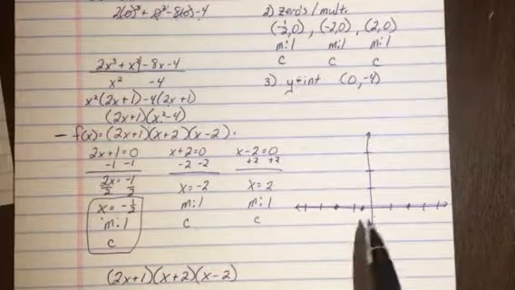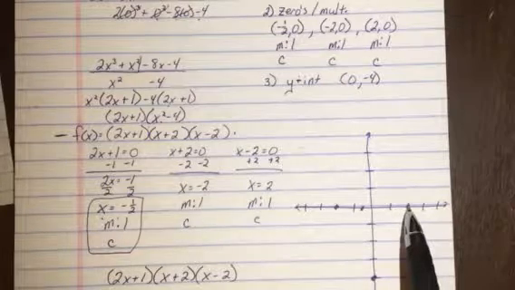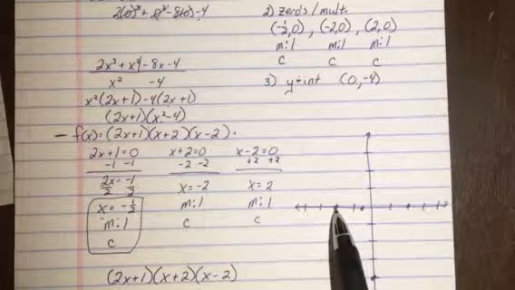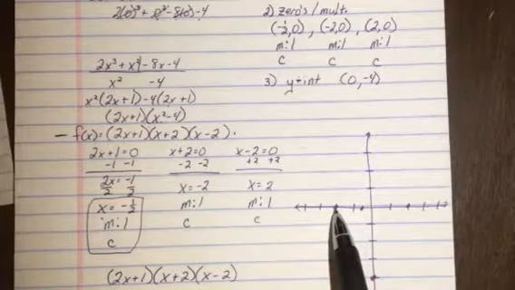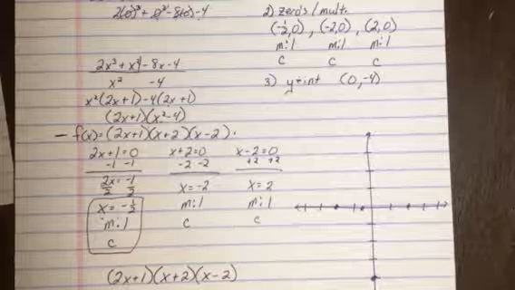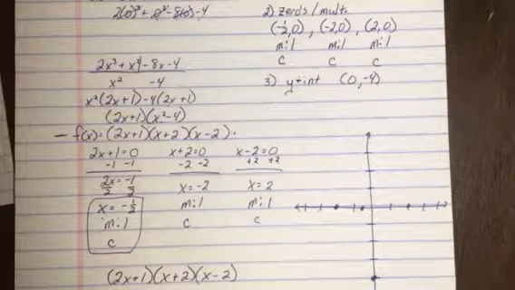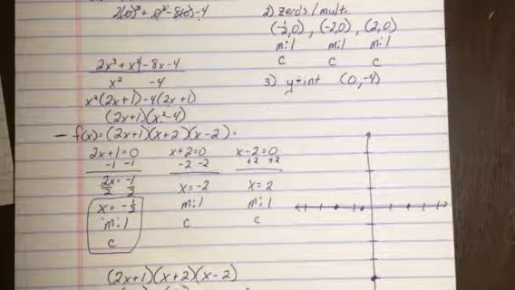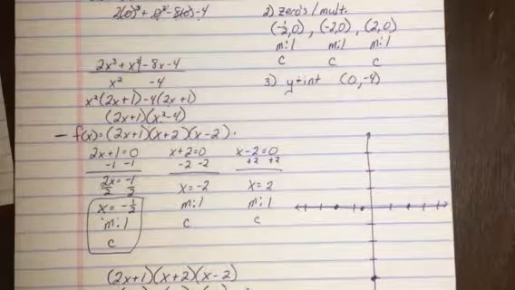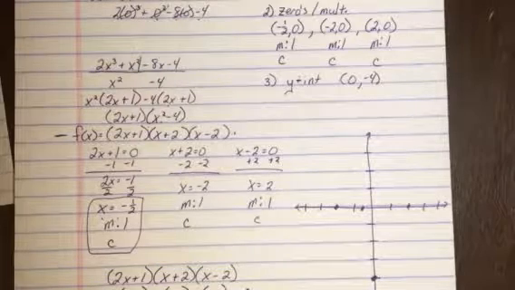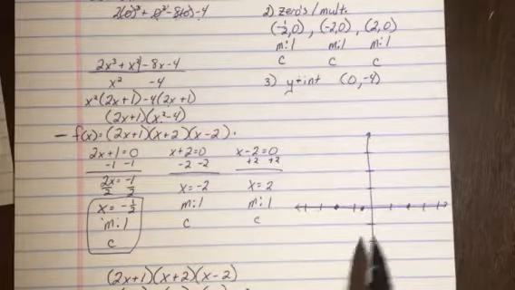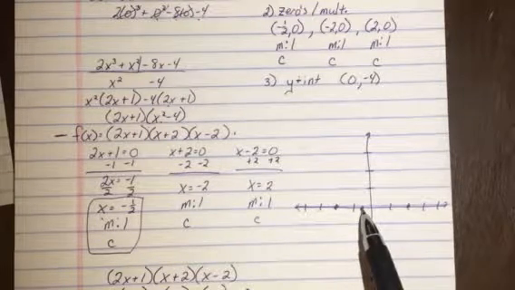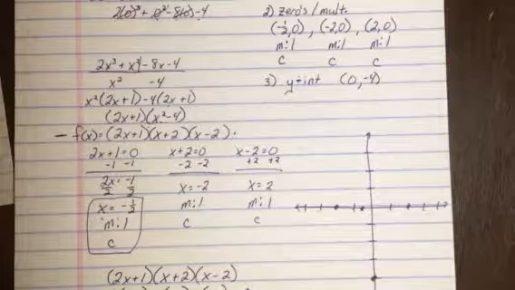I need test points around each of my zeros, left and right. So at x equals negative 2, I need something to the left of it. So I'm going to use negative 3. Again, when I plug it in, what I'm worried about, negative, positive. I need something between negative 2 and negative 1/2. I like negative 1 myself.